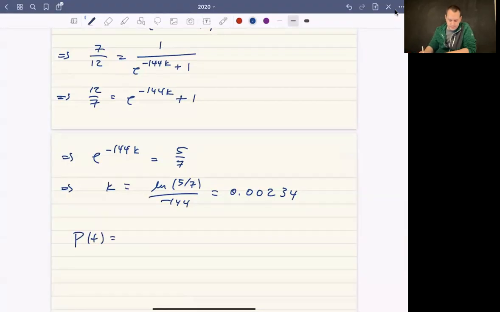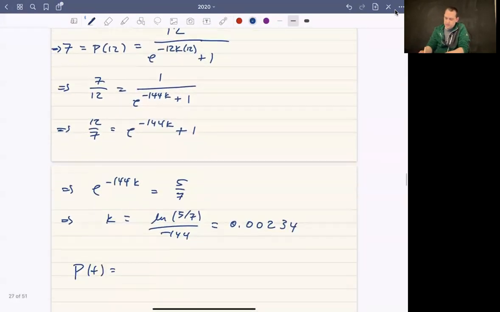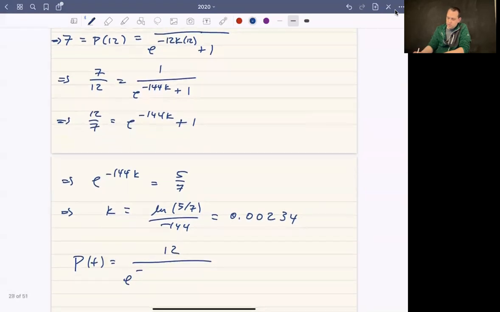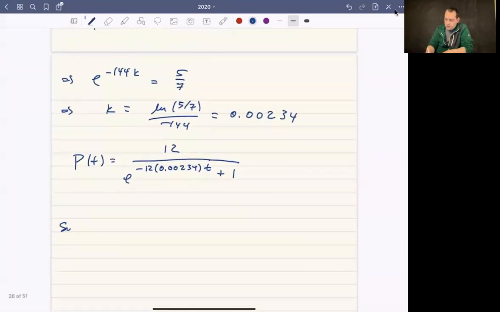So P is 12 over e to the negative 12 times 0.00234 t plus 1. And then finally, we need to solve when P of t is equal to 11. We're going to solve that equation.